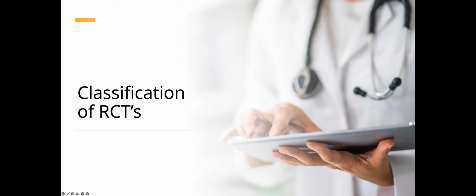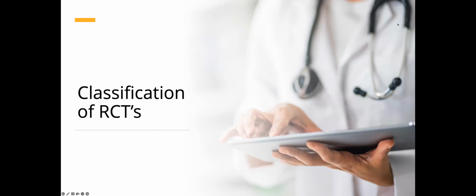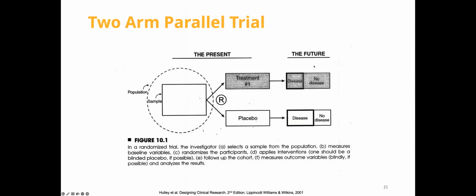So now we're going to move on to the classification of randomized controlled trials. We can look at something called a two-arm parallel trial. Essentially, this is the simplest example of study design in an RCT.